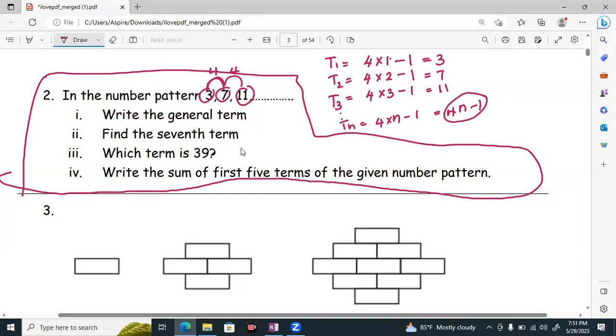Find the seventh term. How do we find the seventh term? You have to substitute n by 7. That means instead of n you have to write 7.